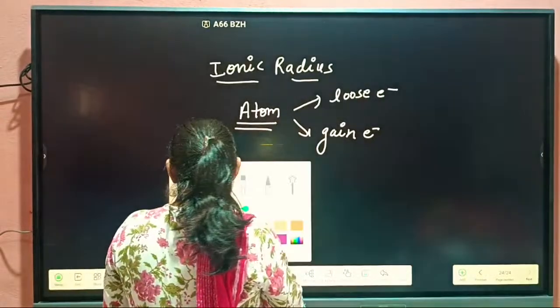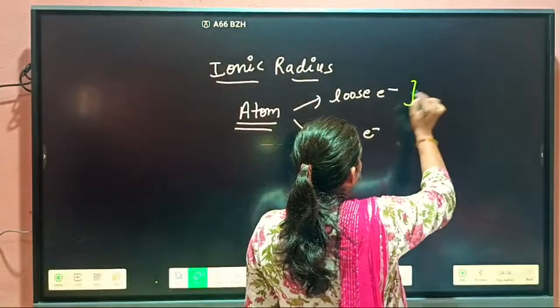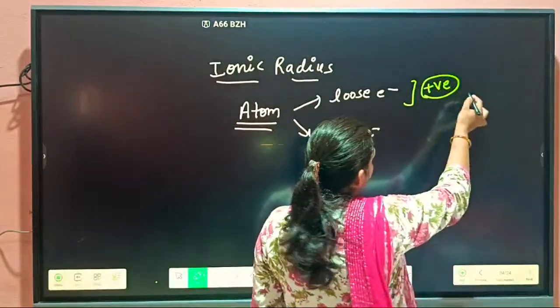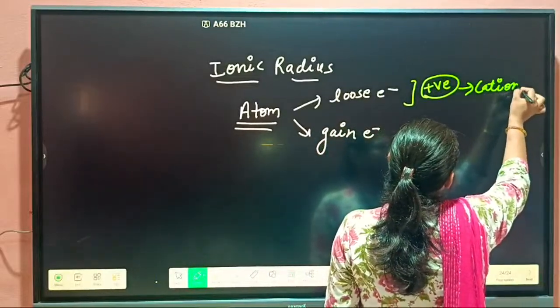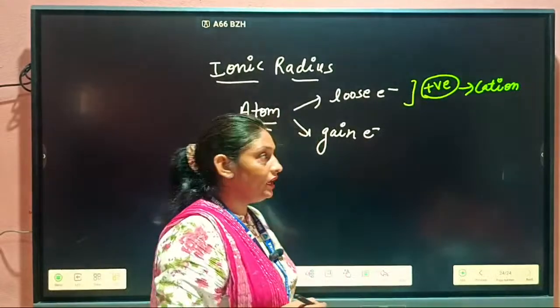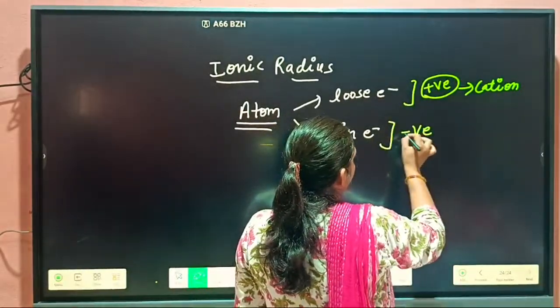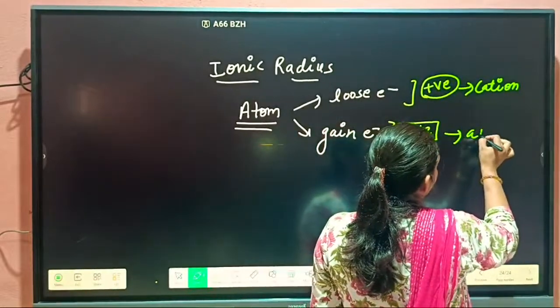If an element loses electrons, then it will attain a positive charge, and it is known as a cation. And if an element gains electrons, then it will attain a negative charge, and it is known as an anion.